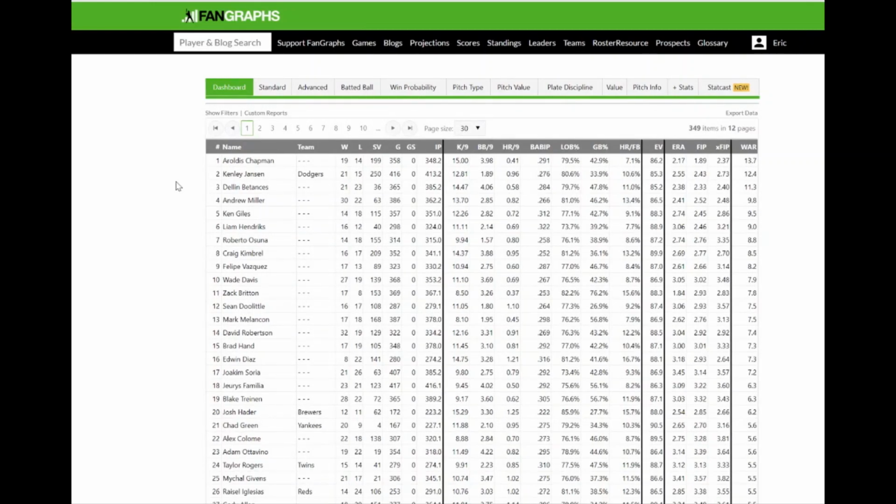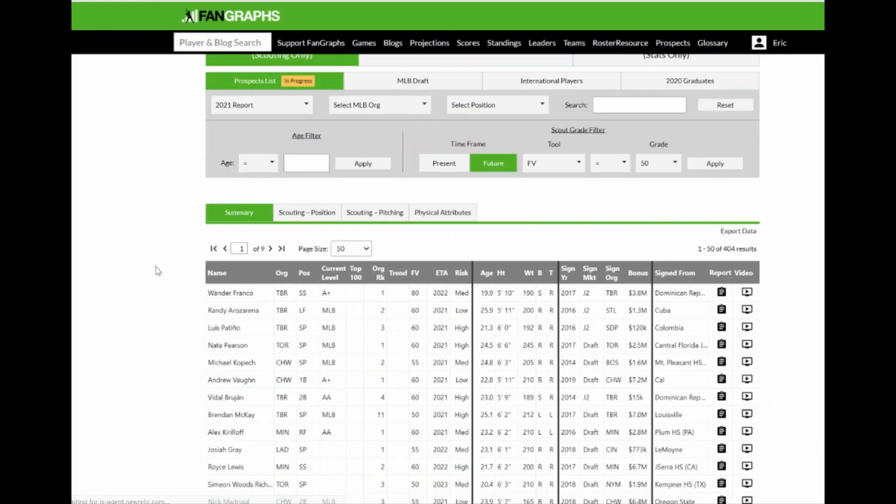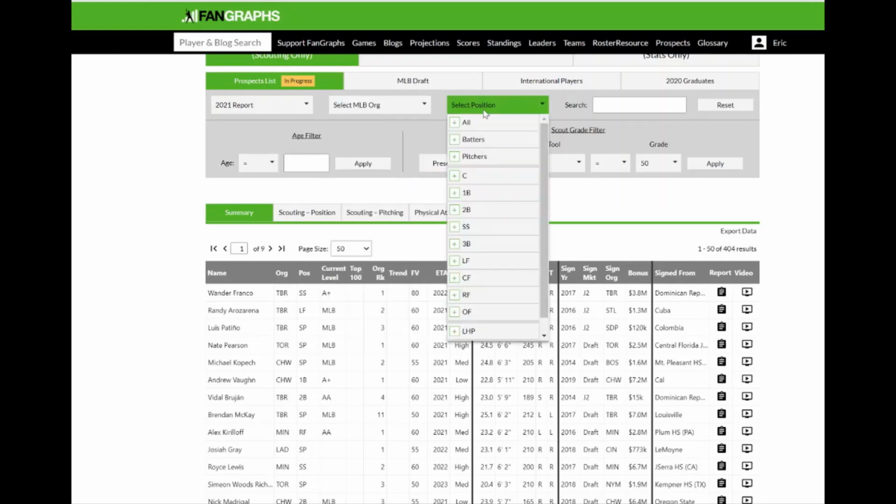Having some of the better relievers of the last half decade or so on the prospect lists as starters who sort of fall into being elite relievers, I think protects against some of this type of thing. But as you can see on the prospect lists of late, let me get to the pitchers.